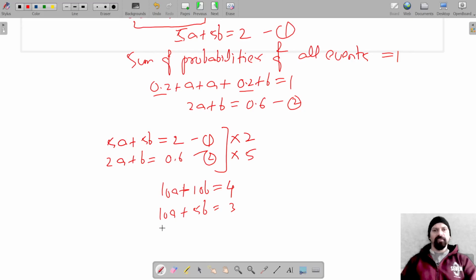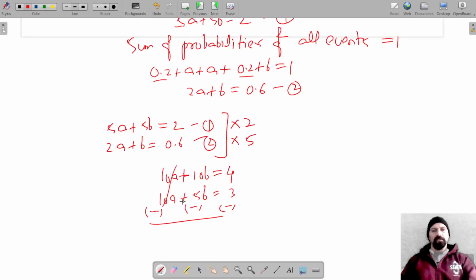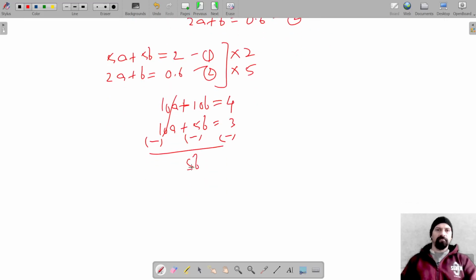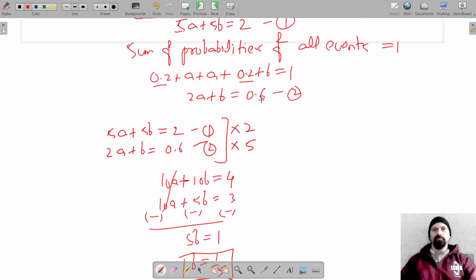Okay, let's subtract these equations. 10b minus 5b is 5b, 4 minus 3 is 1, so b is equal to 1 by 5.